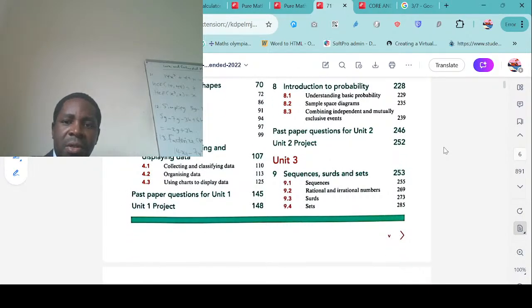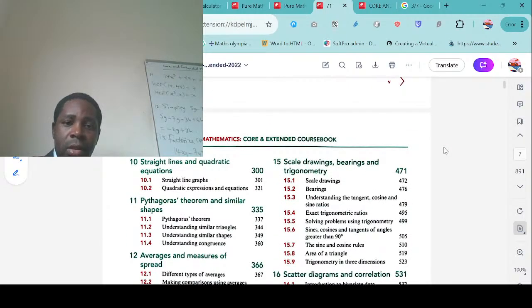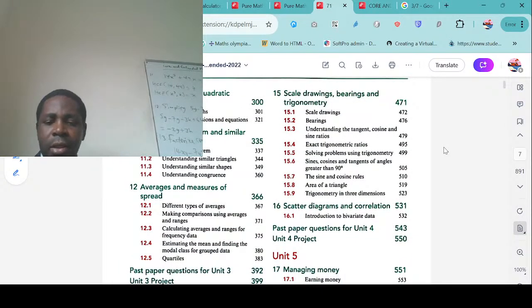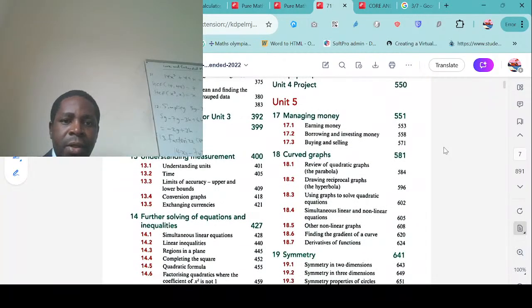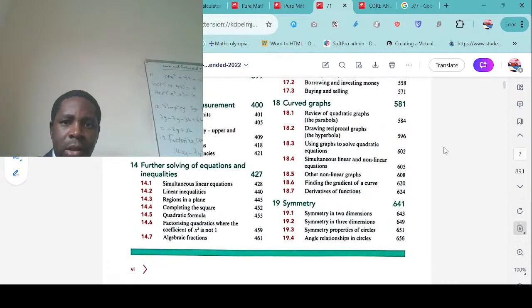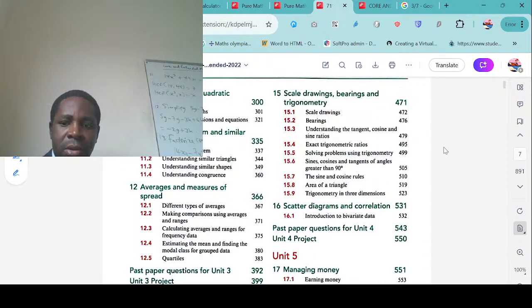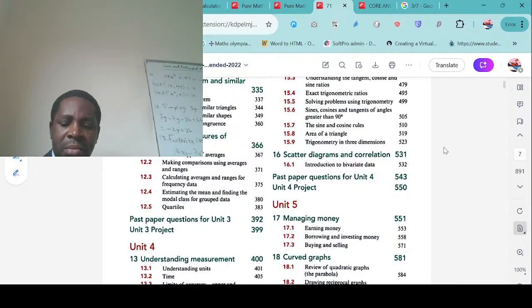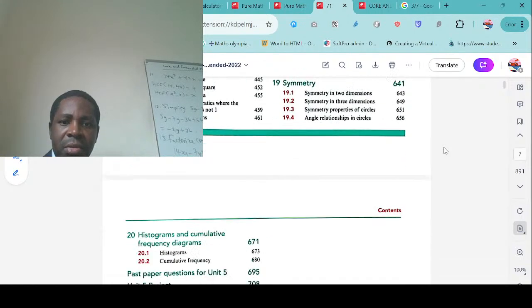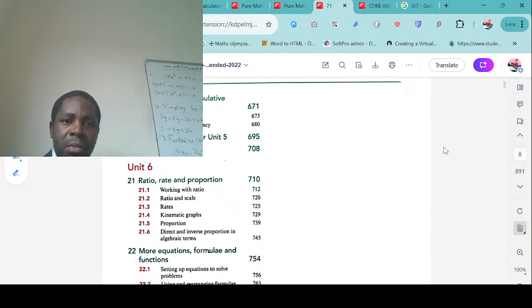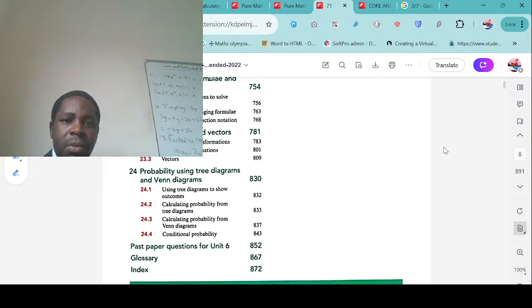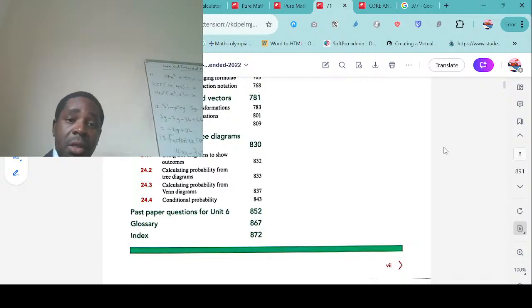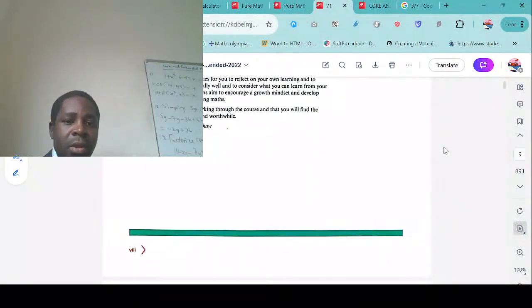Then sequences, solving equations and sets. There is so much to cover: straight line and quadratic motion, Pythagoras theorem and similar shapes, average and measures of spread, understanding measurement, further solving equations and inequalities, scale drawing, bearings and trigonometry, scatter diagrams and combinations, managing money, curved graphs, symmetry, histograms and cumulative frequency diagrams, ratio, rate and proportion, more equations, formulas and functions, transformations and vectors, probability using tree diagrams and Venn diagrams. Quite a lot to cover.